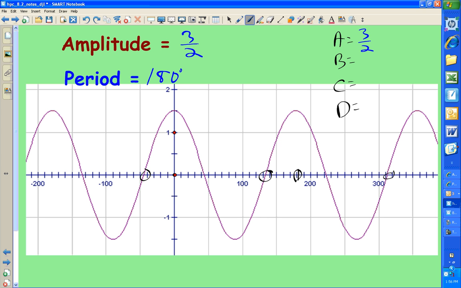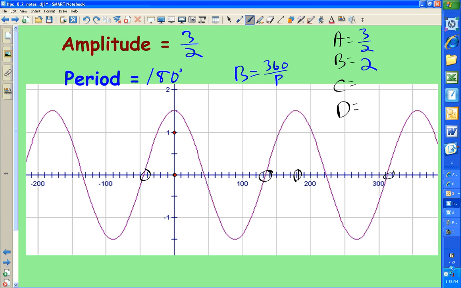Harder to see there. If the period's 180 degrees, what does B equal to? 2. How do you find B? 360 over the period. The period is 180, B is 2.